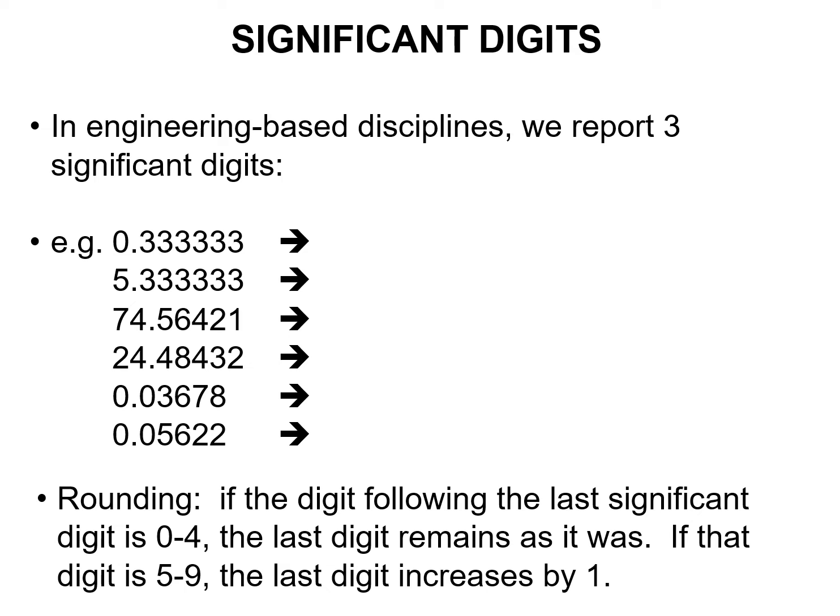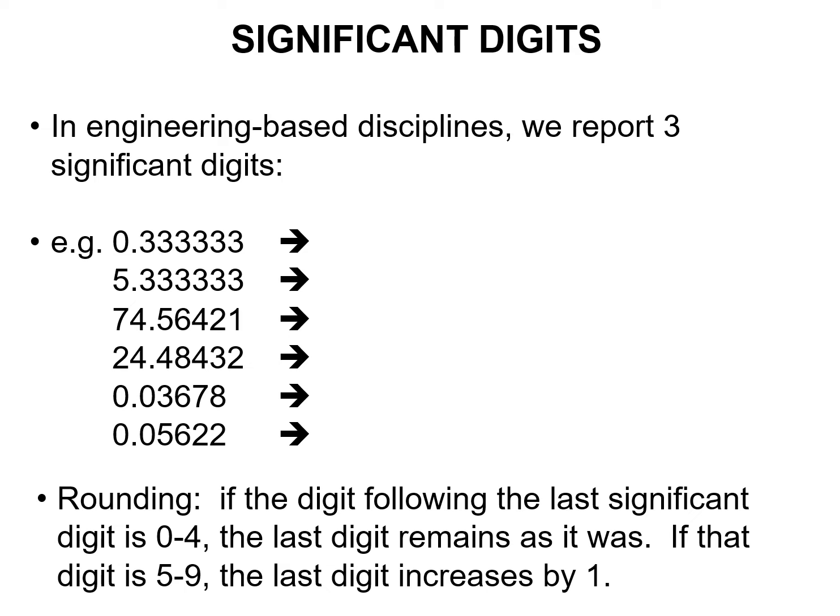So when you're doing your homework, when you're answering questions in an exam, know that in this class, we report our answers to 3 significant digits, okay? So we're going to do a little bit of practice here. 0.333 repeating, when I say repeating it means it's going on forever.